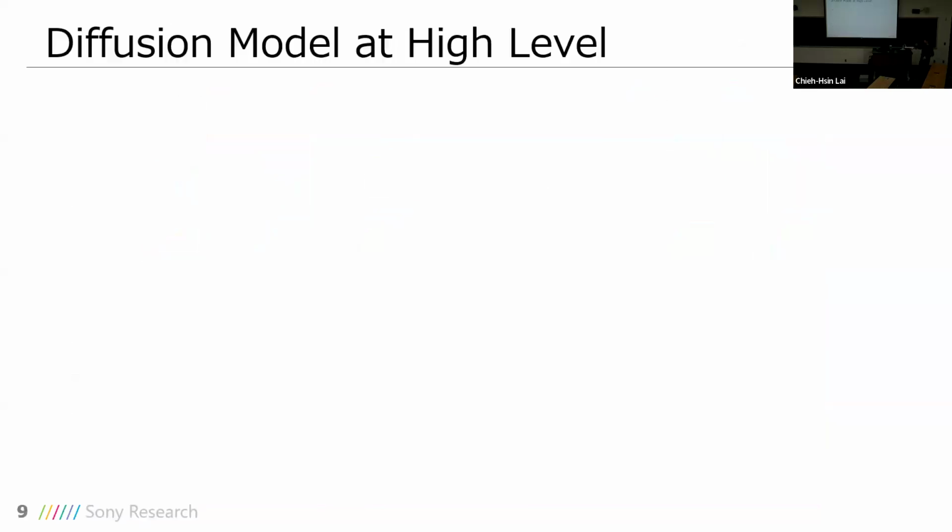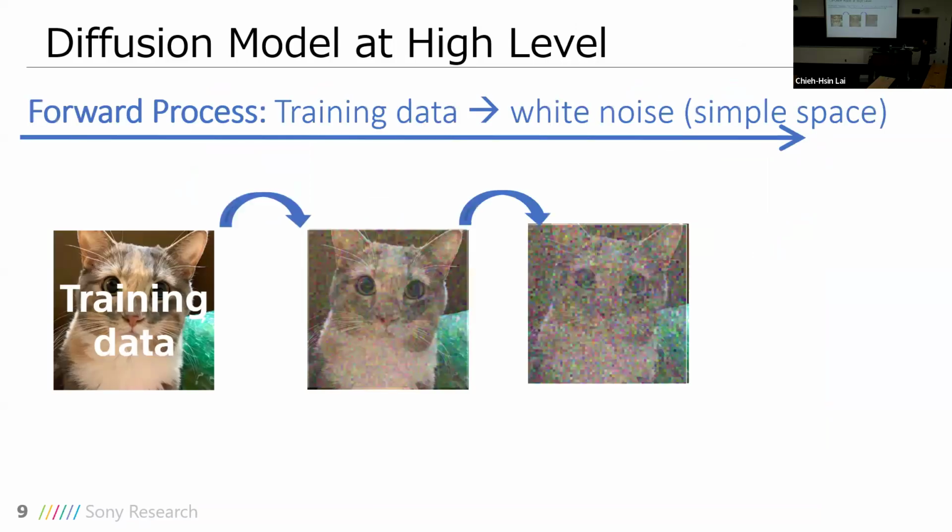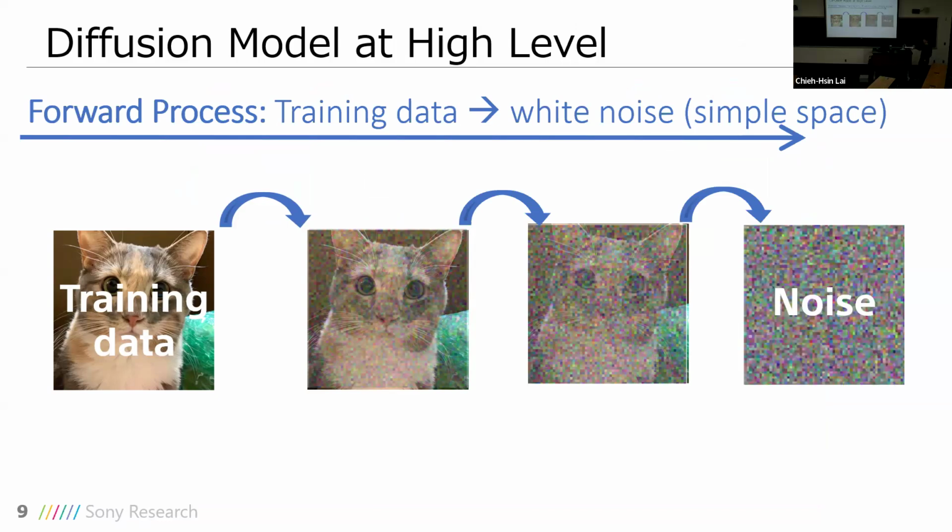Let me explain the high level idea and then boil down to the details. A diffusion model at a high level contains two processes. The first one is the forward process, which transfers your clean data to pure white noise by injecting an incremental amount of noise.